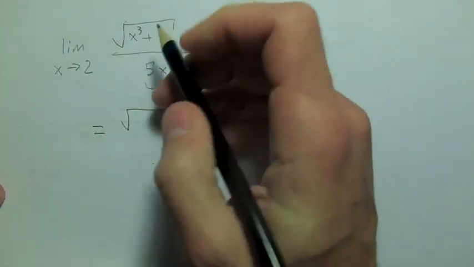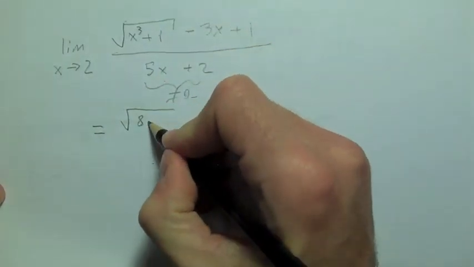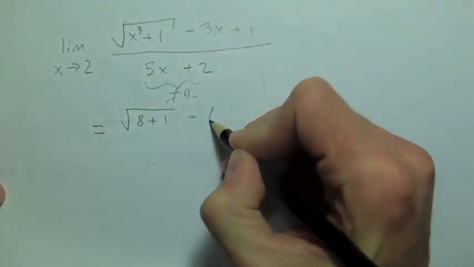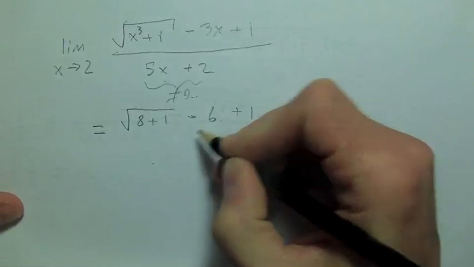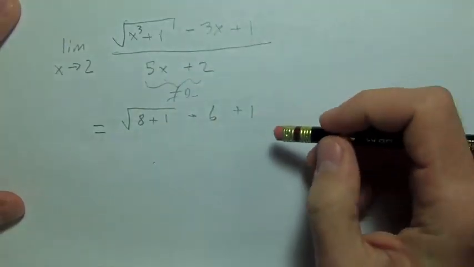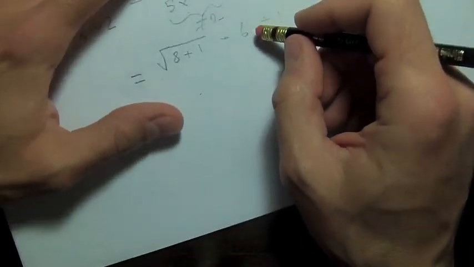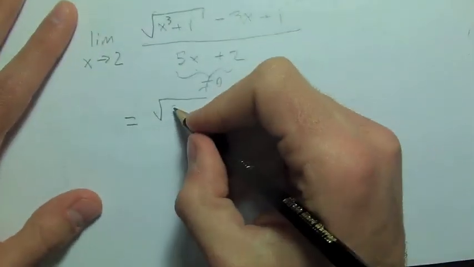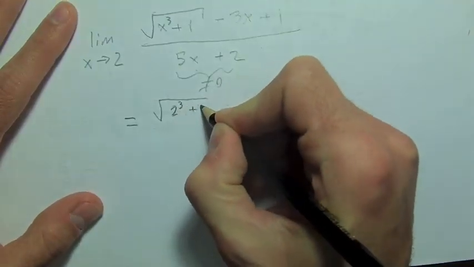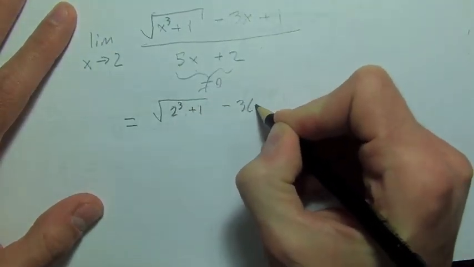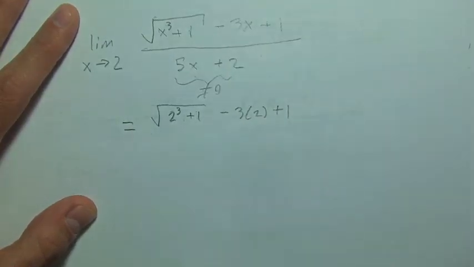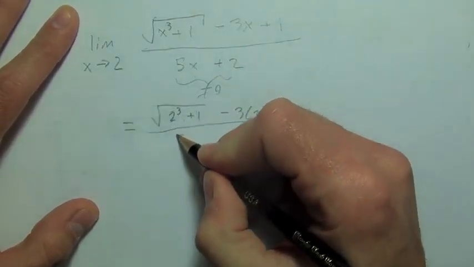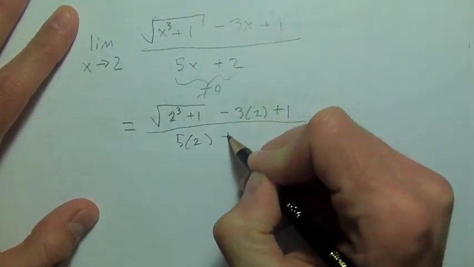And you can skip this a little bit. That'll be 8 plus 1 minus 6 plus 1. It might help initially if I just say that this is 2 cubed plus 1 minus 3 times 2 plus 1 all over 5 times 2 plus 2.